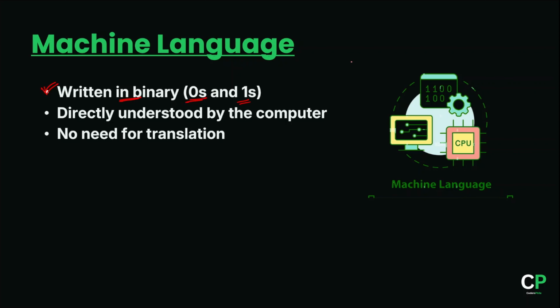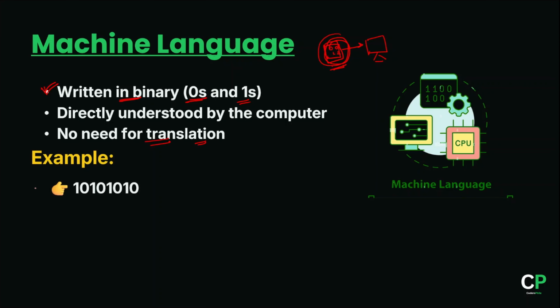This is directly understood by the computer and there is no need for translation, and it has very fast execution. For example, this is one instruction that is written in the machine language.